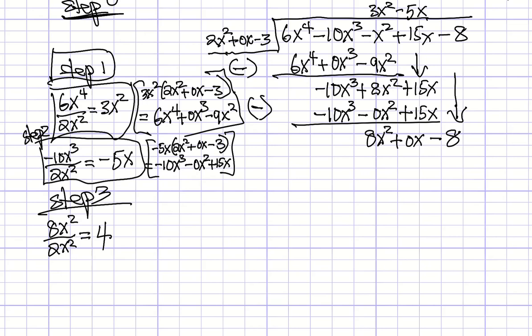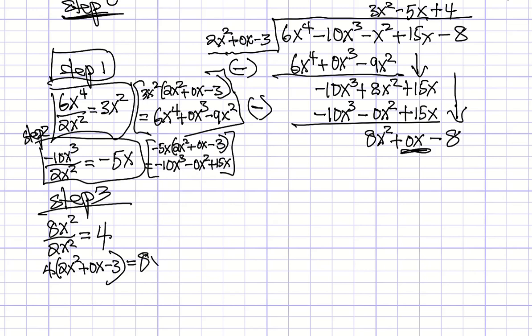You see that, right? Okay, we'll put the 4 here. And then we say 4 times 2x squared plus 0x minus 3. Multiply that out. What do you get?